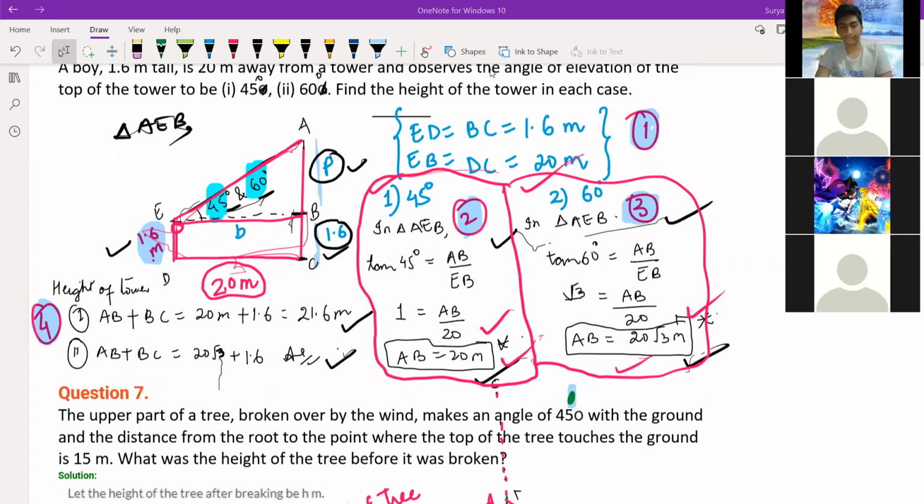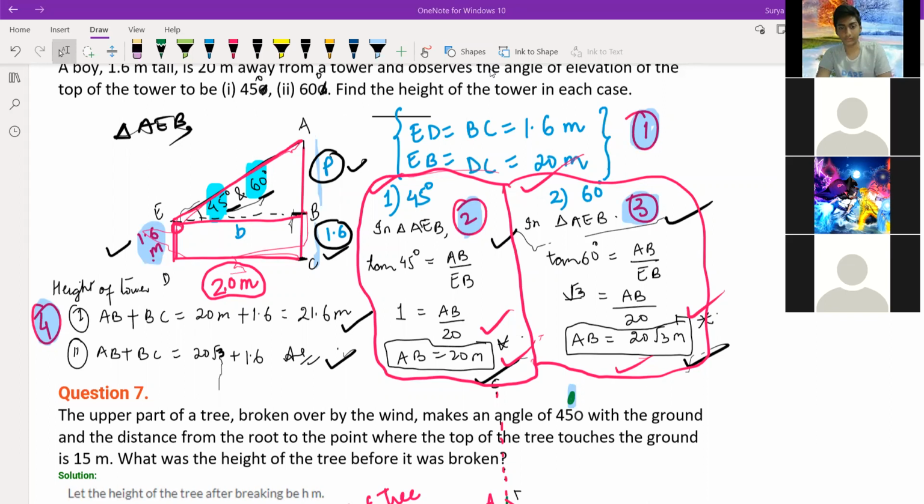Sir, I am getting 15 plus root 2 plus 15 whole into root 2 plus 1. Okay, 15 into root 2 plus 1, right? Whole into root 2 plus 1, yeah. Sir, I simplified that and got the answer as 36.213. So 15 plus 15 root 2 is nothing but around that. Sir, root 2 I made it as 1.414. Okay.